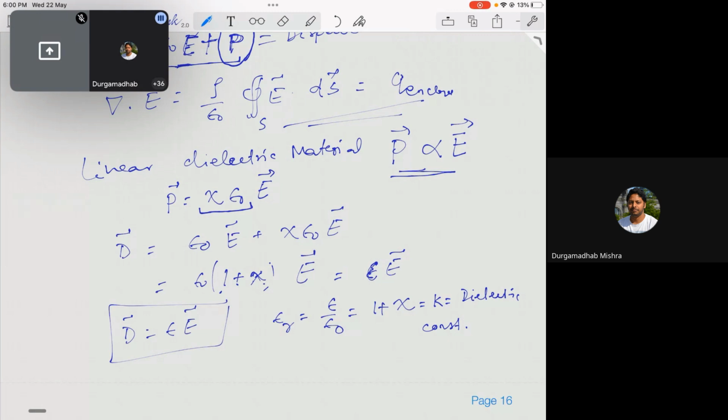Susceptibility will be low for a material if it doesn't react to anything. You are applying an electric field and it does not react much, so the susceptibility will be low. And if a material reacts immediately to even a small electric field, it will have a high susceptibility. This is what susceptibility actually means.